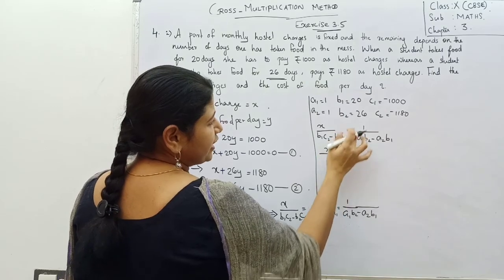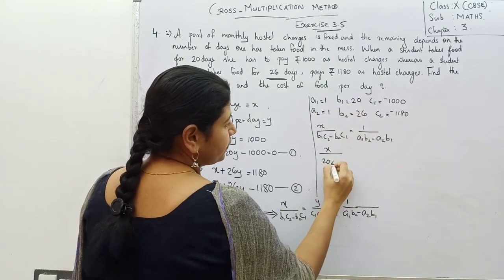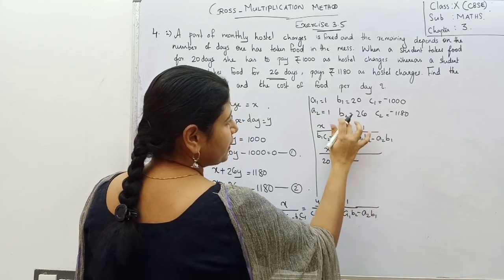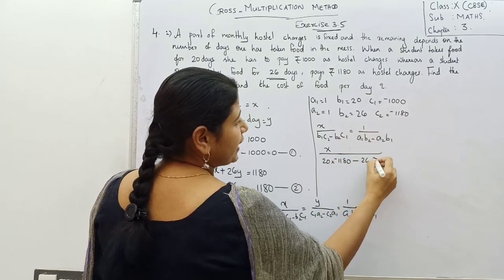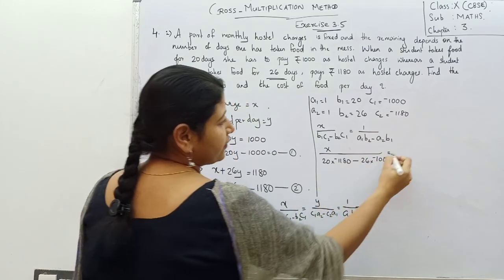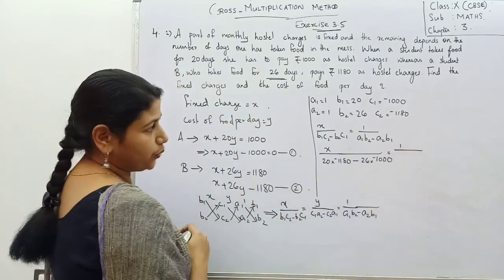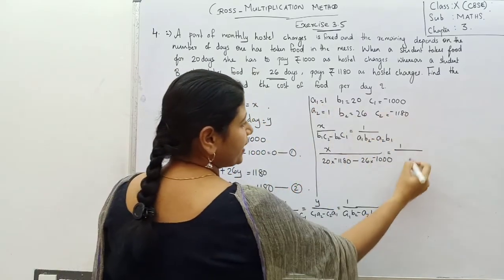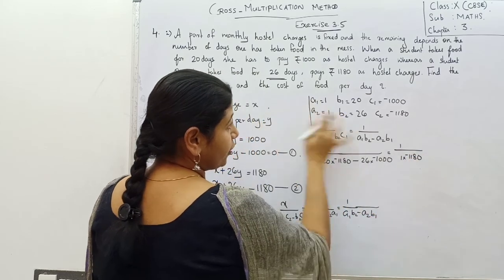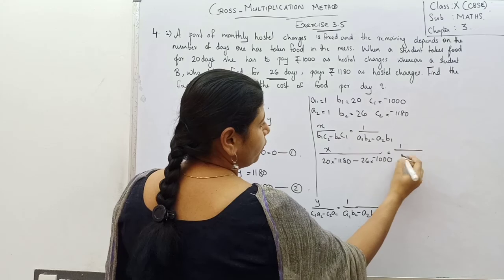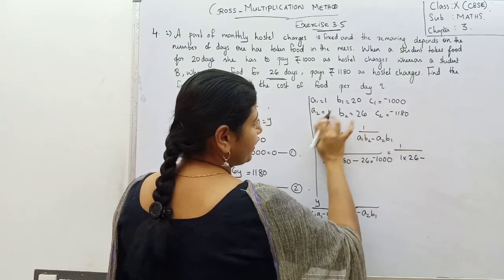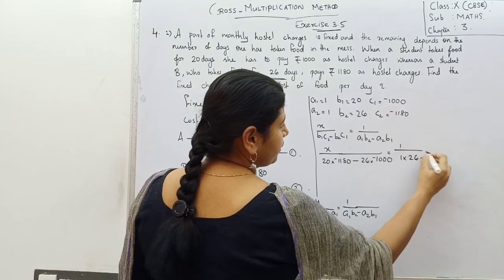So x by b1 c2, this is 20 into negative 1,180, minus b2 into c1, b2 is 26 into negative 1,000, equal to 1 by a1 b2, 1 into 26, minus a2 b1, which is 1 into 20.